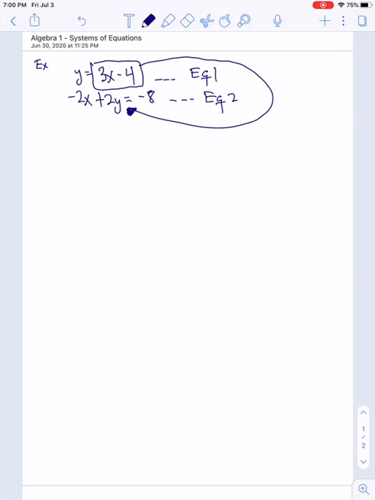So we're writing equation 2 as negative 2x plus 2, open parentheses, 3x minus 4, equals negative 8. Let's go ahead and break this down a little bit further as negative 2x plus 2 times 3x will be 6x, and 2 times a negative 4 will be negative 8, equals negative 8.